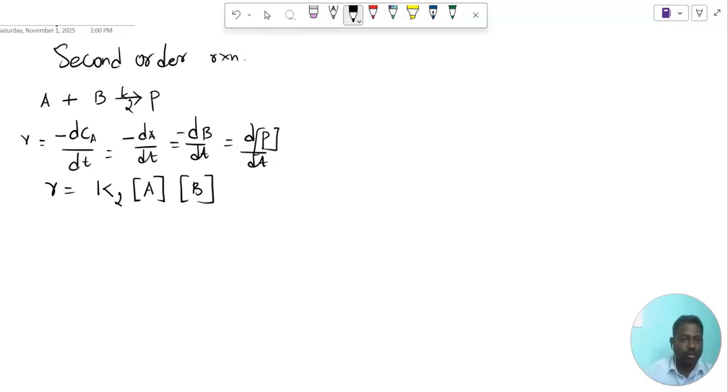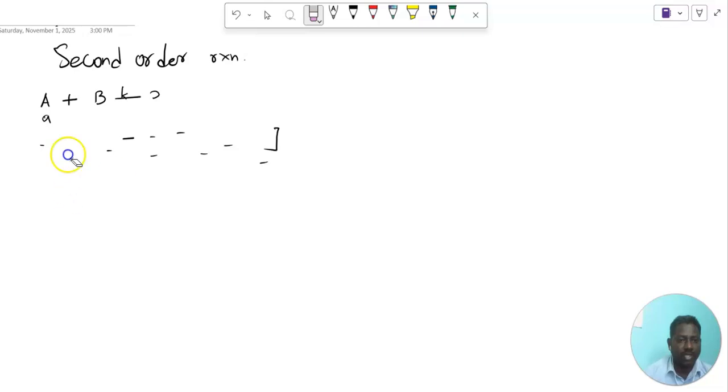Initially we have taken a moles of reactant A and b moles of reactant B. At time t equal to 0, no product is formed, therefore it is 0. After a certain time, it forms x moles of the product. I will rub this so that it is easy to understand.